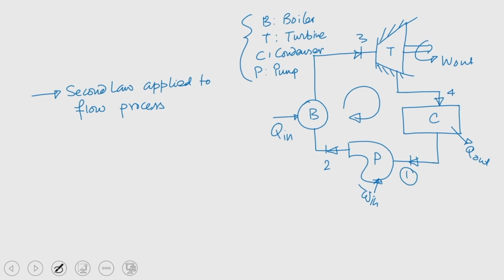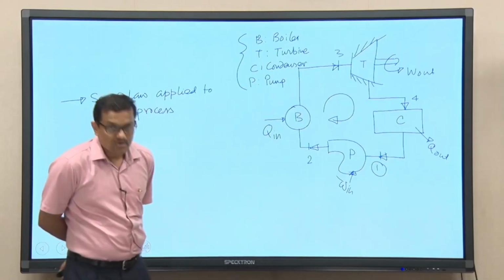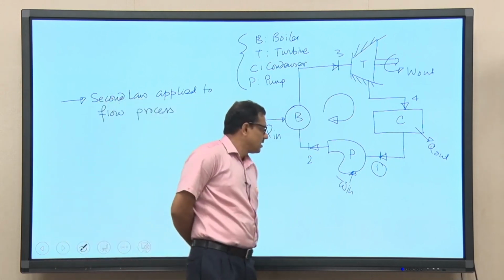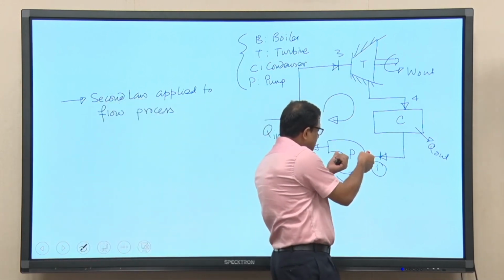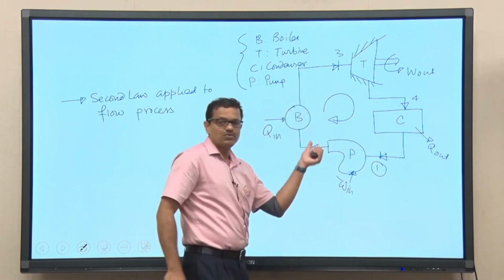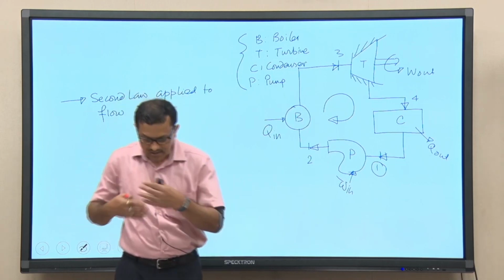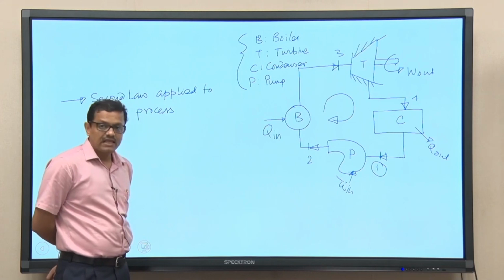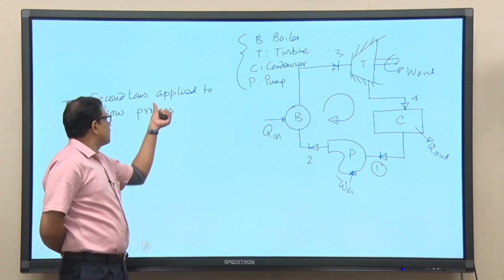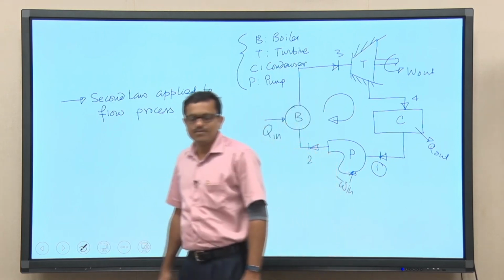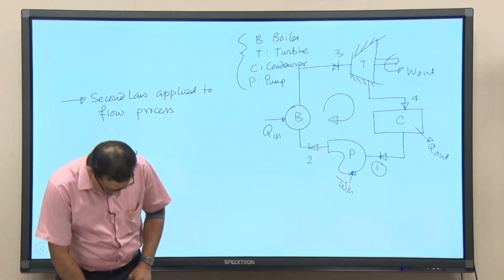So, you know that if any particular process concerns a flow across the system boundary, like the pumping process, where there is a continuous flow from 1 to 2. Now, why do we need to go for this analysis is very important.